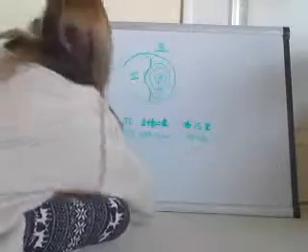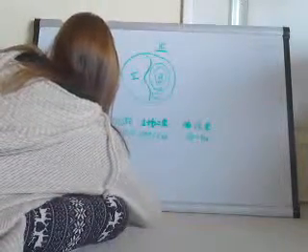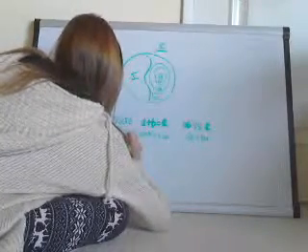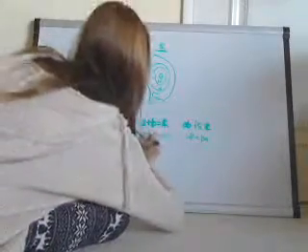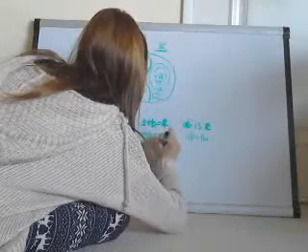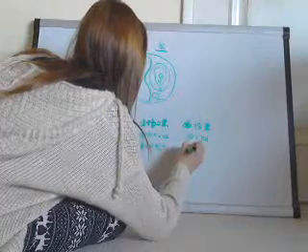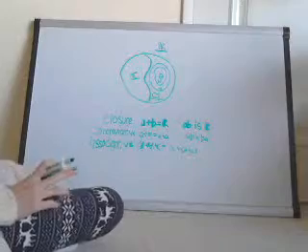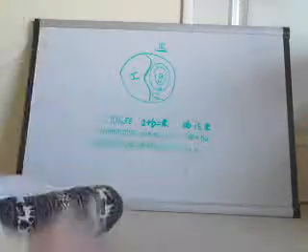Next is associative. An example is A plus B plus C is still the same as A plus B plus C. This basically means that if you reorganize the parentheses, it's still going to be the same thing.